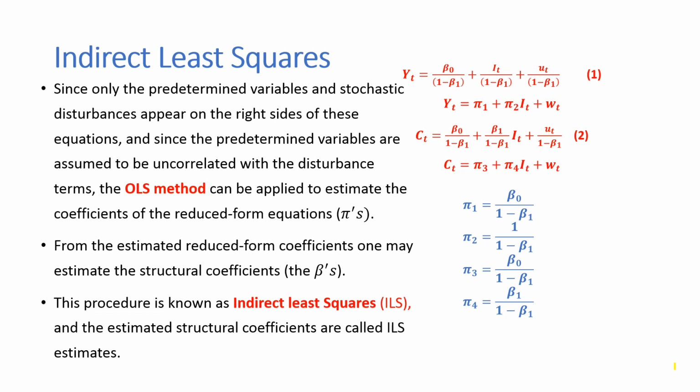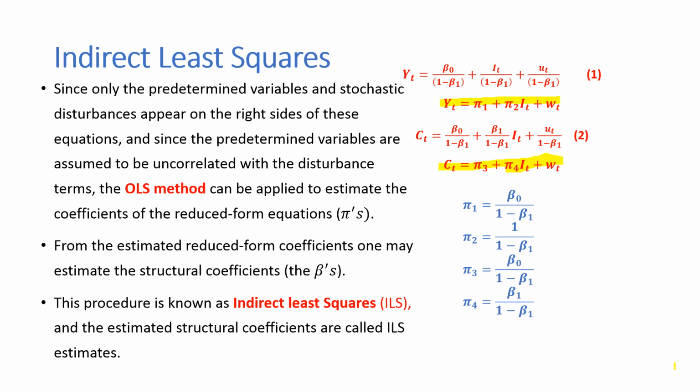Instead, we have to use what's called the indirect least squares. And actually, the indirect least squares is based on deriving the reduced form equations from the structural form equations. So back to the example of consumption, let me remind you again with the two equations. These two equations here are the reduced form equations derived before, and they are reduced.